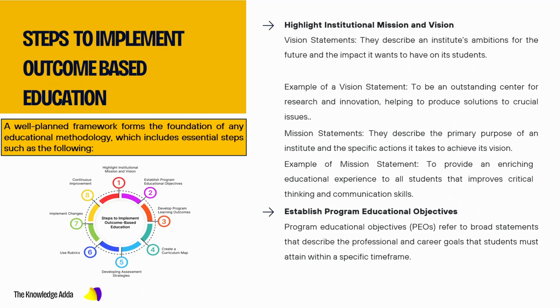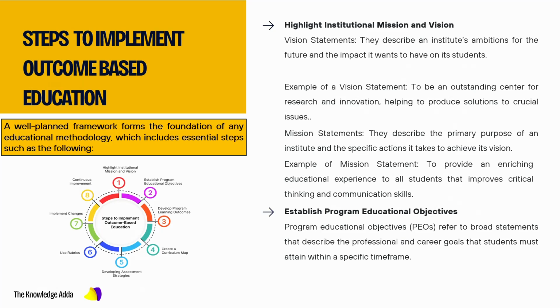This type of example is just the vision of any institute or university. Mission means they describe the primary purpose of an institute and the specific actions it takes to achieve its vision. So, to provide an enriching educational experience to all the students that improves critical thinking and communication skills.